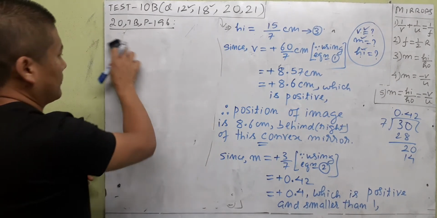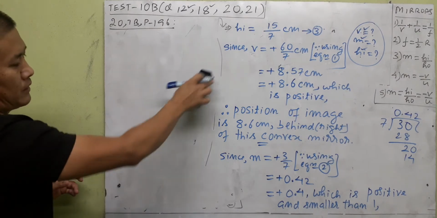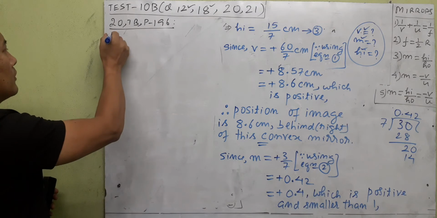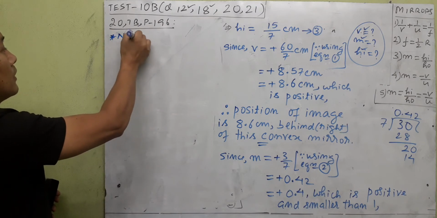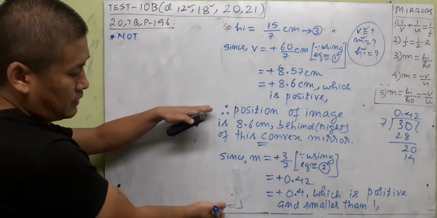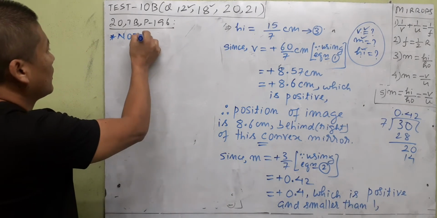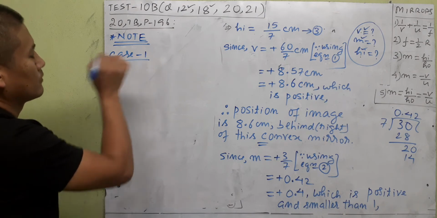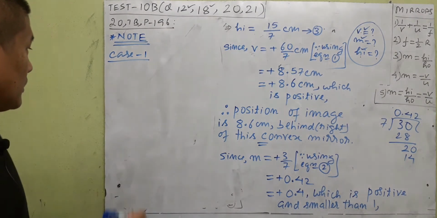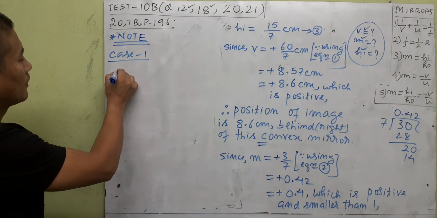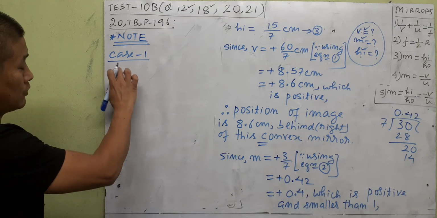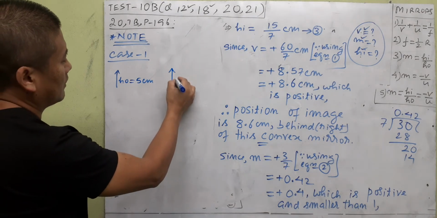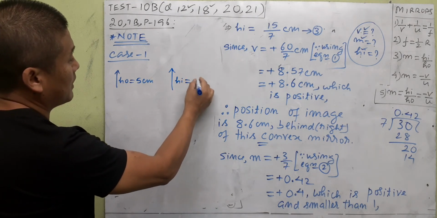Okay, so just write on a new page, keep some space for writing. Case 1, write it down. Suppose we have the object height HO, actual height 5 centimeter, and the image height is also HI, the same height.